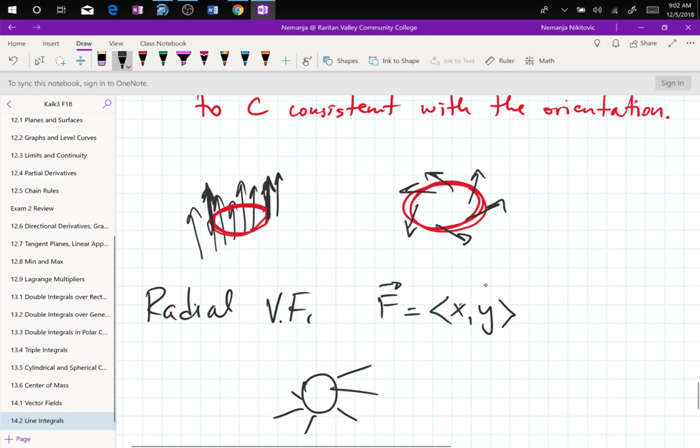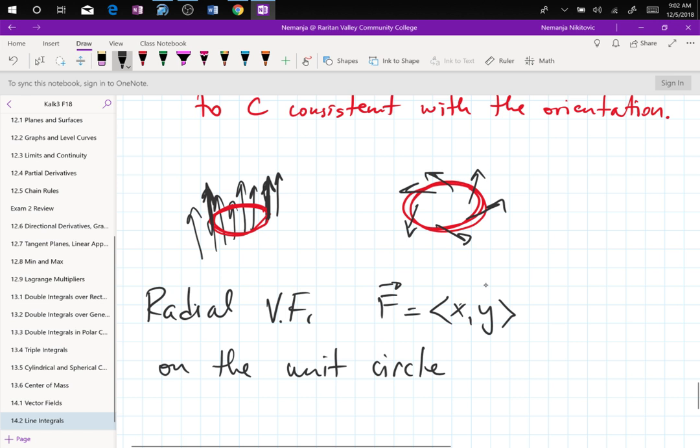That's the radial field. It shines the energy outward. What are you expecting circulation to be for something like that? Zero. There's no spin there. Let's prove it.